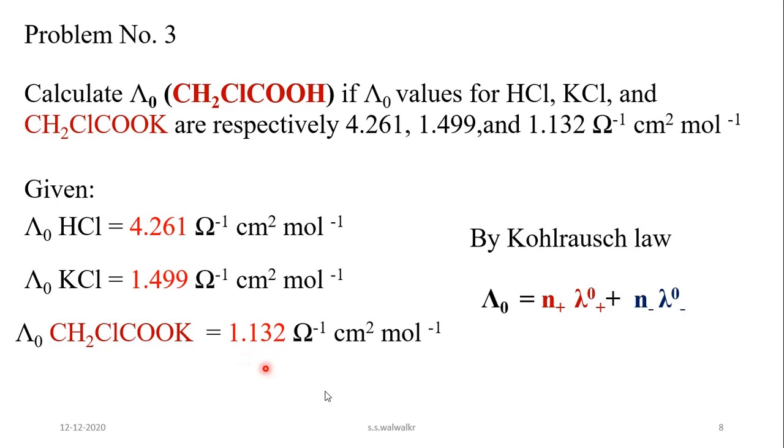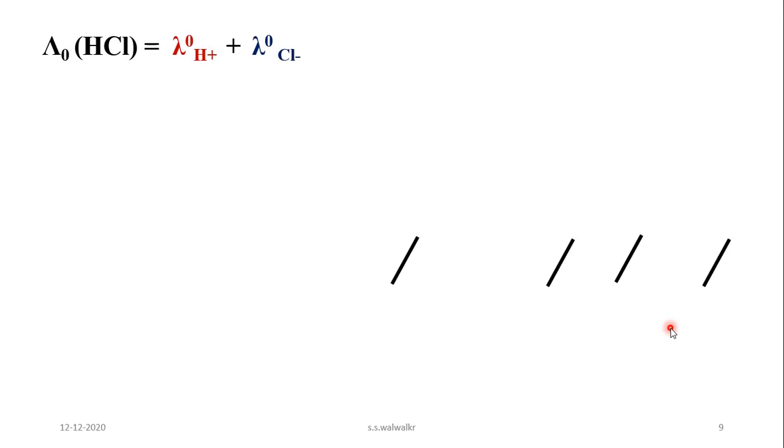The mathematical expression of Kohlrausch law is lambda 0 is equal to n plus lambda 0 plus plus n minus lambda 0 minus. So in the same way we have to solve. Lambda 0 of HCl is equal to lambda 0 of H ion plus lambda 0 of Cl ion. Lambda 0 of KCl is equal to lambda 0 of K ion plus lambda 0 of Cl ion.